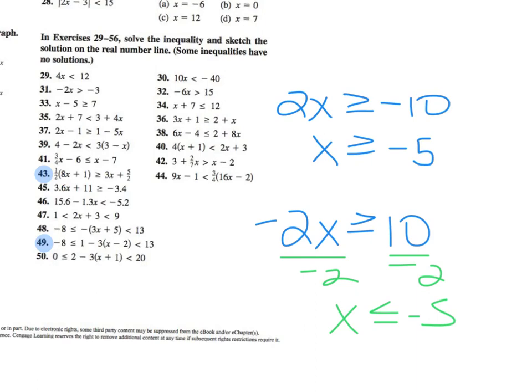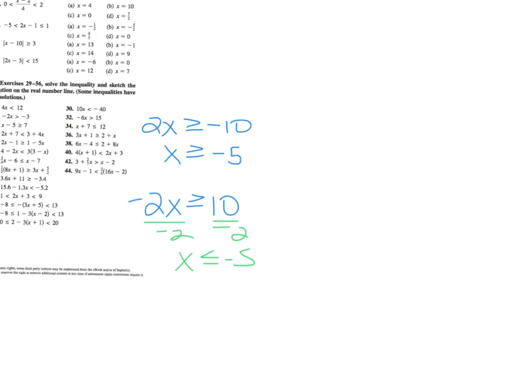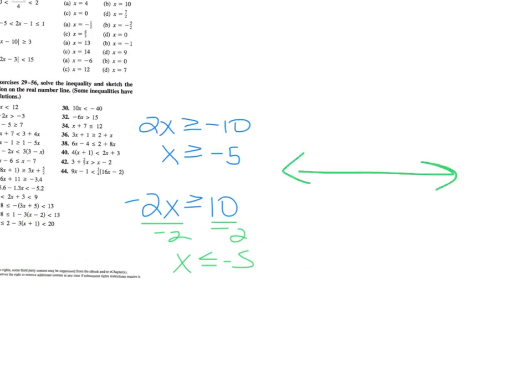The directions also say to put the solution on a real number line. So you want to draw out your number line. Remember that greater than or equal to or less than or equal to is either a solid dot or a bracket. If it's greater than or less than, then it would be an open dot or a parenthesis.